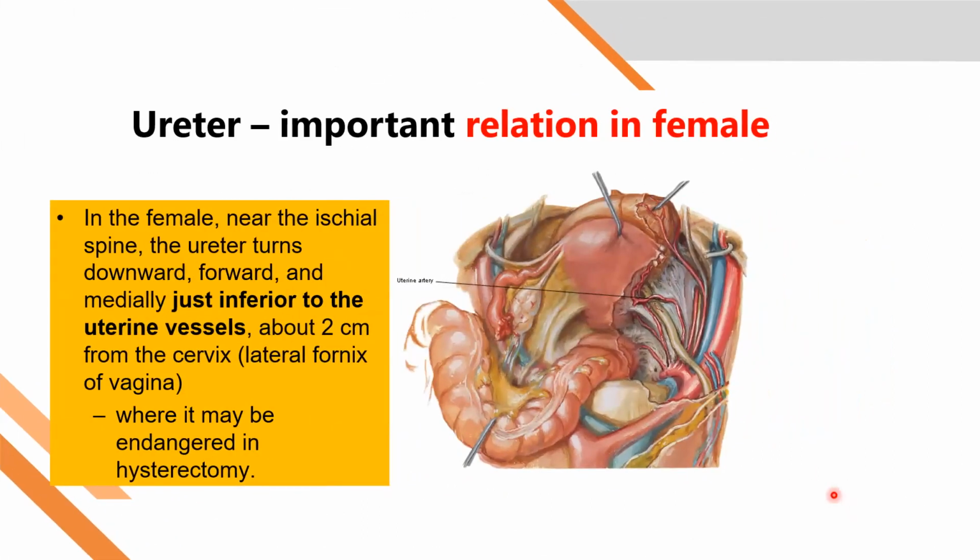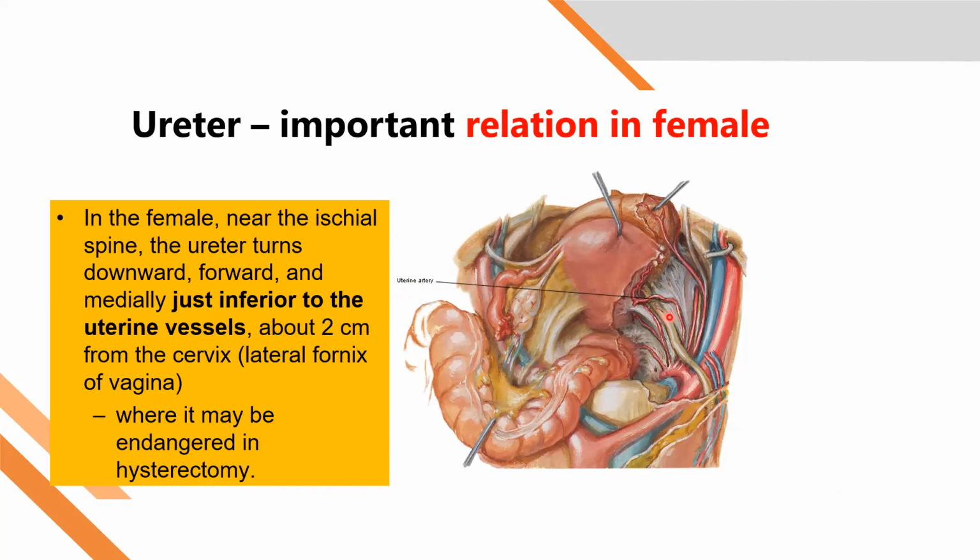Now this is a really important relation in females. Near the ischial spine, the ureter turns downward, forward, and medially, just inferior to the uterine artery, the uterine vessels.